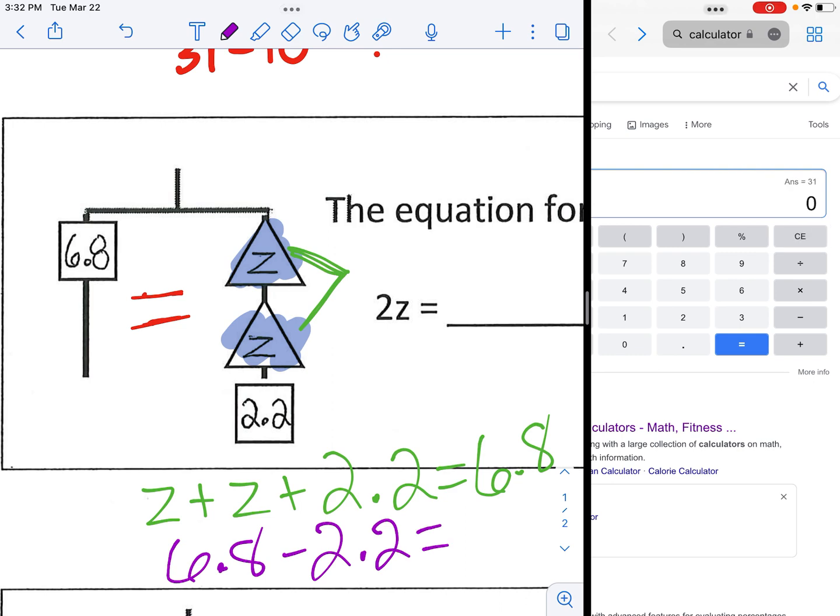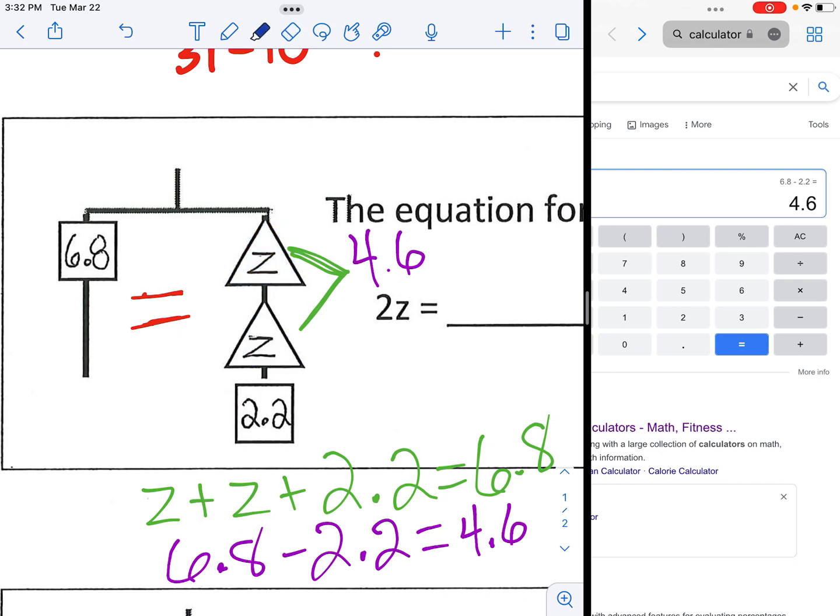Let's try it out. 6.8 minus 2.2. You can see it didn't go in. There it is. 6.8 minus 2.2, 4.6. These two together equal 4.6.